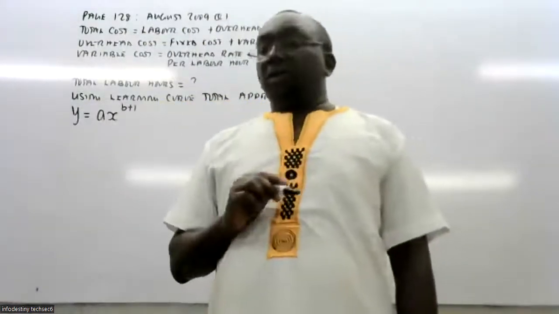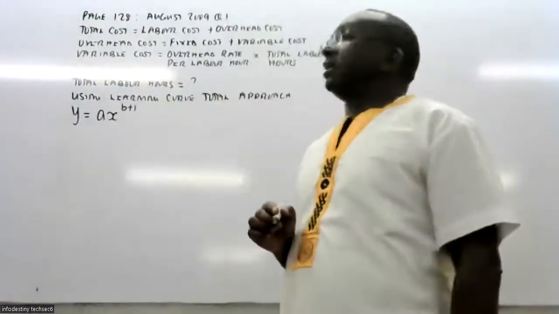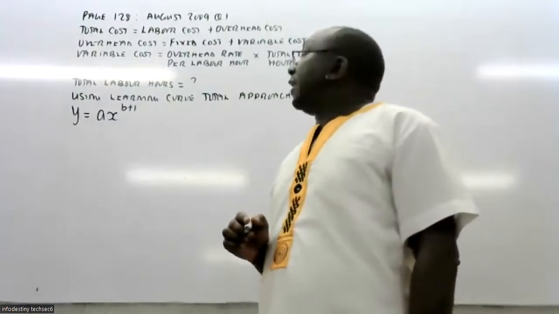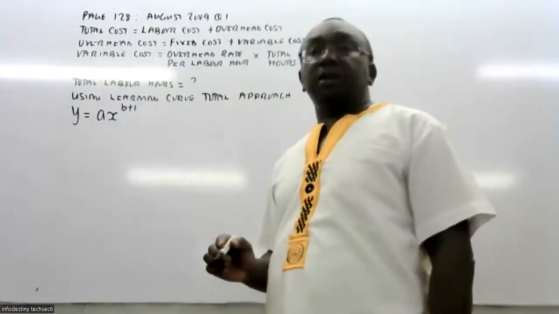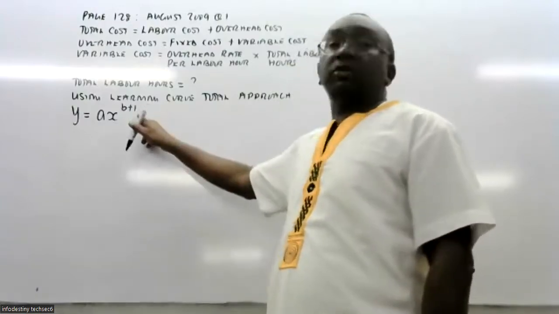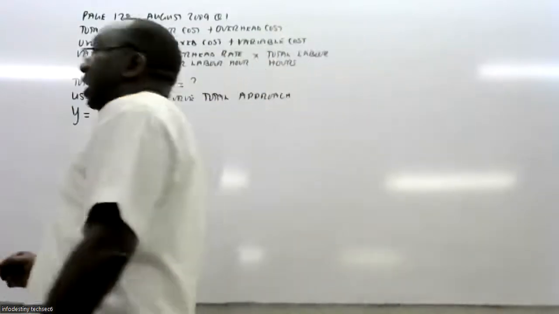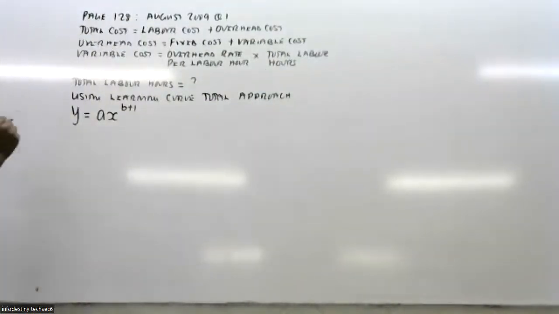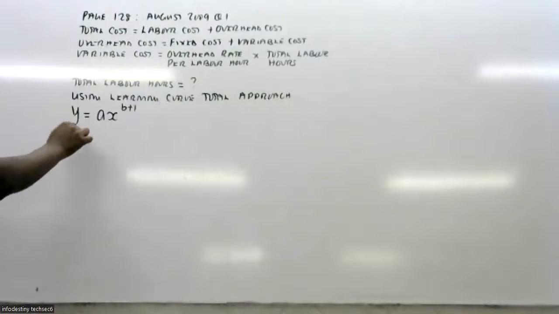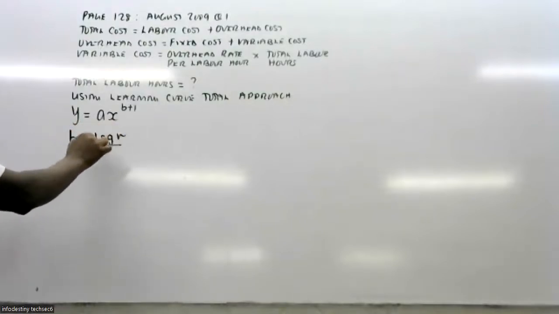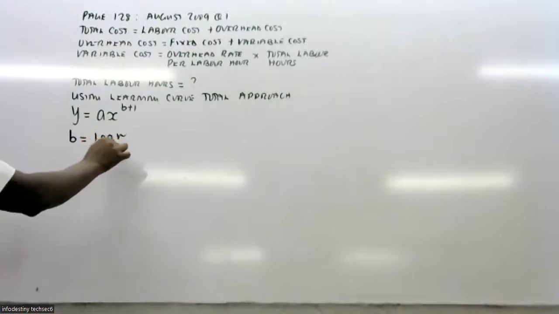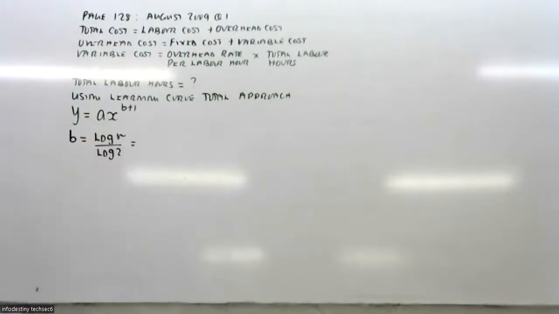And then I have told you, once you write the formula, you start to identify these components in the question. One, we know, but b, we need to get it. If the examiner has not given it, this is how we compute it: it is the log of r divided by the log of 2, and we already know r.